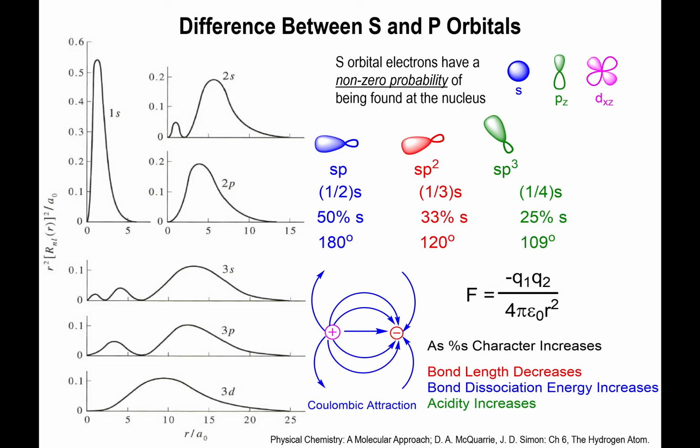Now, the last one is hybridization. I did touch upon this in the second lecture in terms of the bond lengths and the bond angles of the molecules. But the idea still is that if you have a greater S content in your hybrid orbital, you get to see more of the nuclear charge because of that non-zero penetration to the nucleus.